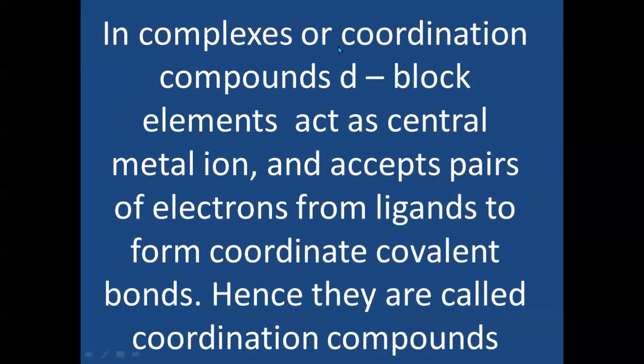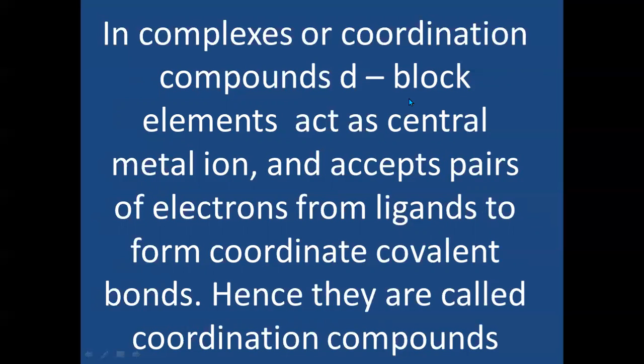Here, if you go into detail, we have different things. First, compounds of d block elements, which are called complexes, have a central metal atom. D block elements act as the central metal atom.